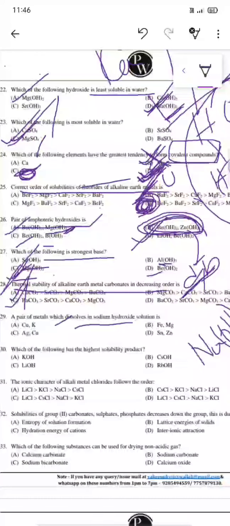Okay, which dissolve in it? Manganese, chromium, no. Today I studied this, but again I forgot this.